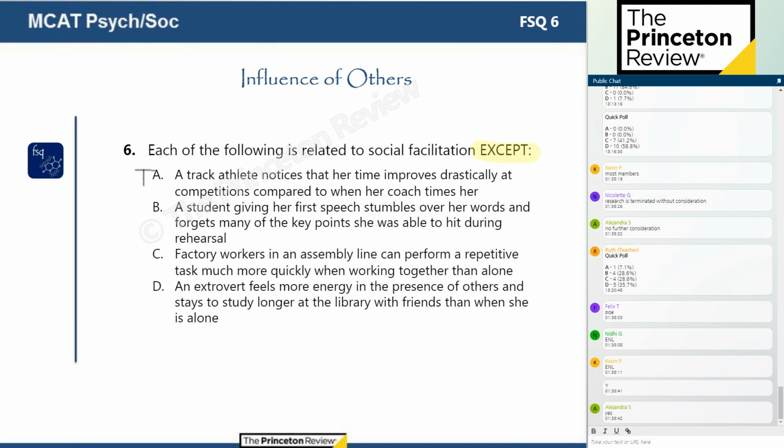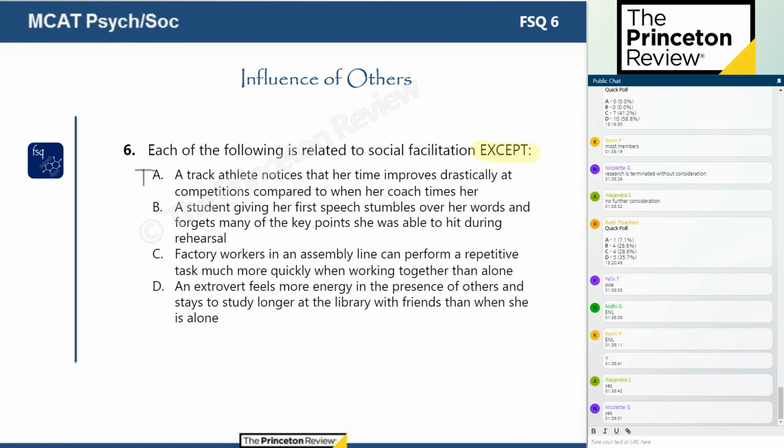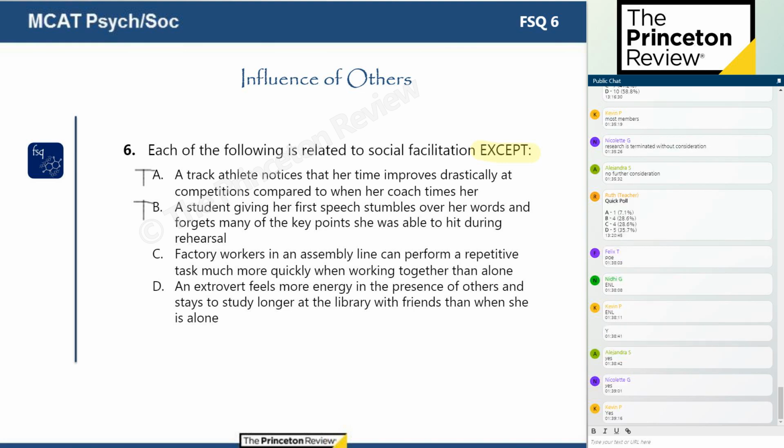Does that fit social facilitation? Yep, it does. Factory workers in an assembly line perform a repetitive task much more quickly when working together than when they're alone. Does that fit social facilitation? Yepers.